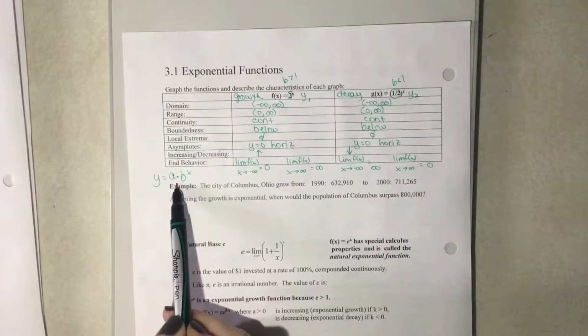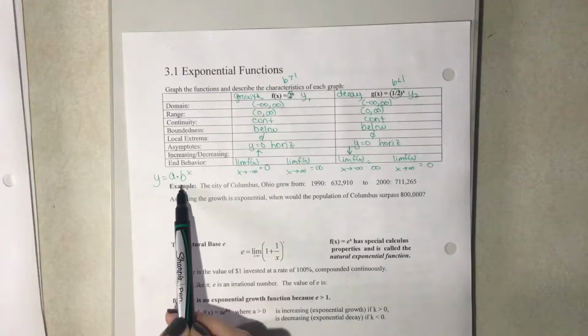A and B. A is my, what did A stand for? Initial value. Is my initial value, where things start, the beginning. And what's B? Base growth factor or decay factor, okay? So A is my initial value and B is my growth or decay factor, all right?